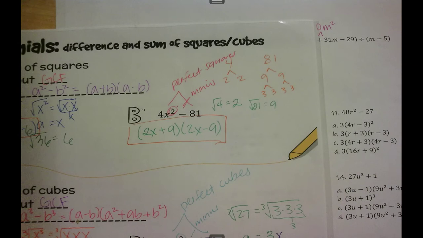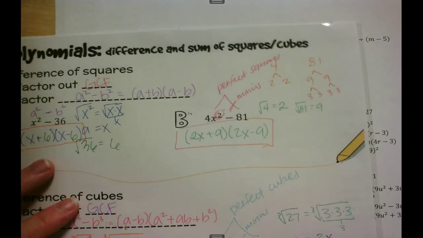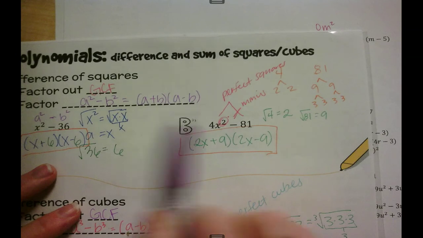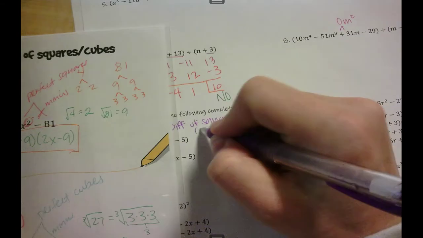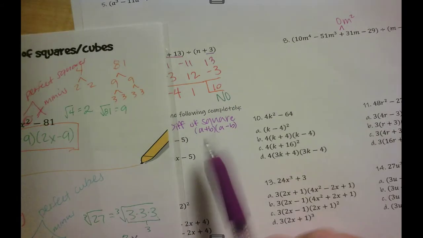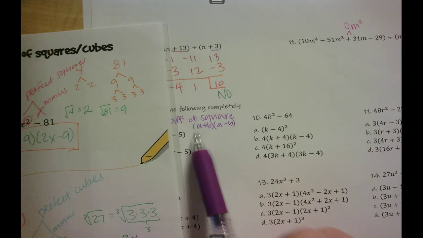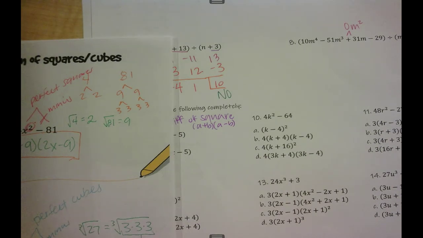Look and see on your notes. Difference of squares, the answer has to look like this. It's going to look like a plus b times a minus b. That means that my a's are going to be the same and my b's are going to be the same, whatever it might be.